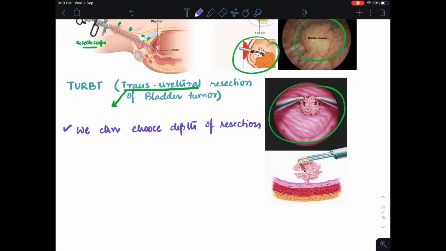That is, if we want, we can stay up to the epithelium. If we want, we can go up to the basement membrane. If we want, we can go beyond the basement membrane to the lamina propria.